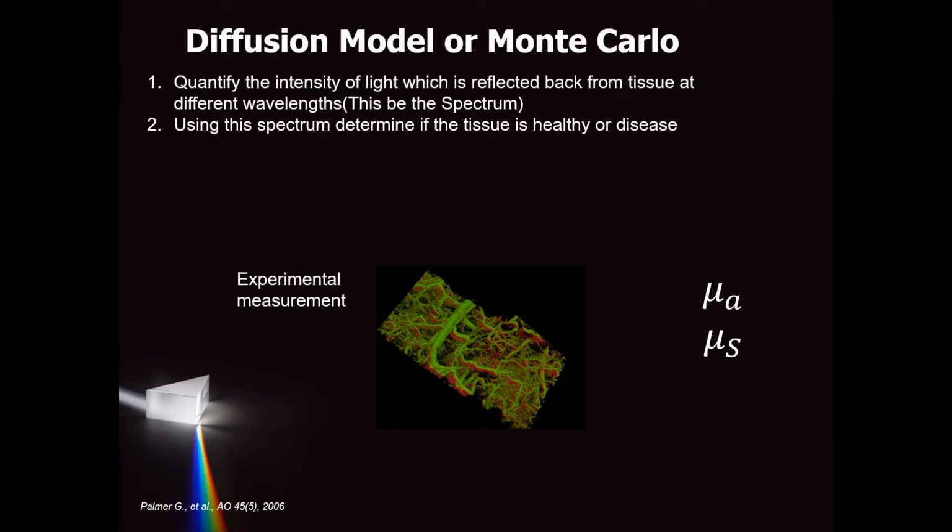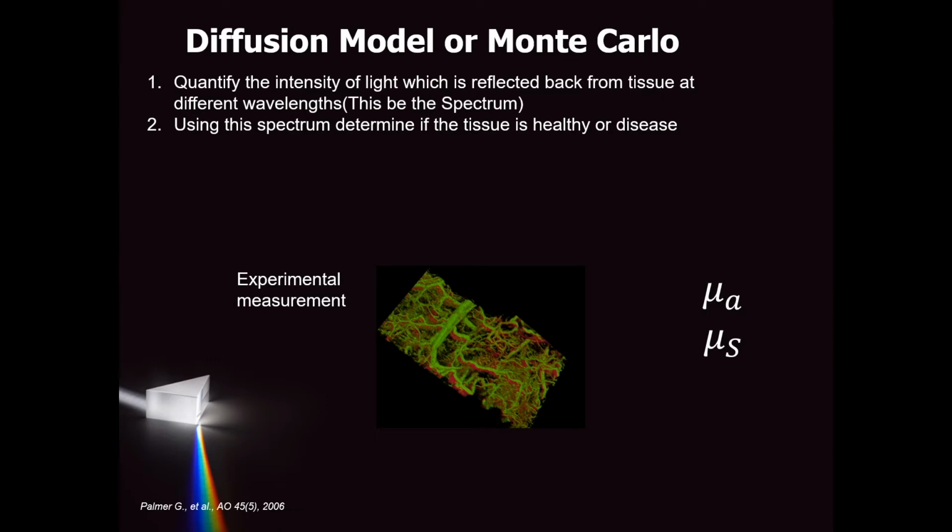Experimentally, when we are doing optical spectroscopy of tissue, we have some unknown. We want to see if the tissue is healthy or it's a cancer tissue. But then, what do you do with this?